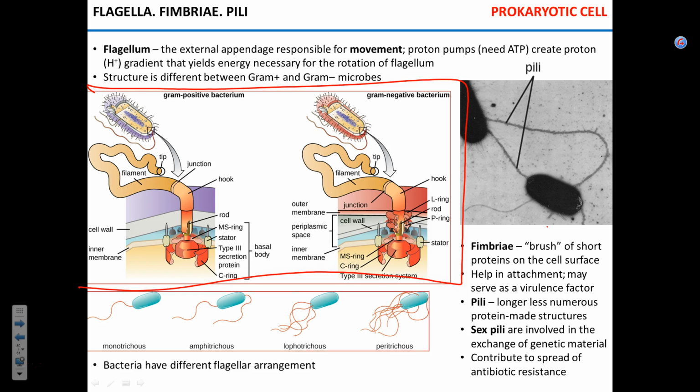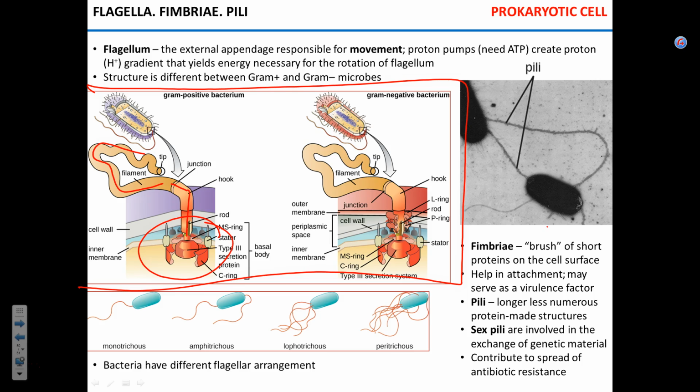So this picture can scare the living daylights out of anyone, okay? But I'm not going to ask you about the fine details of the mechanism, how flagella rotates. Pretty much you have a motor, a hook, and the filament.